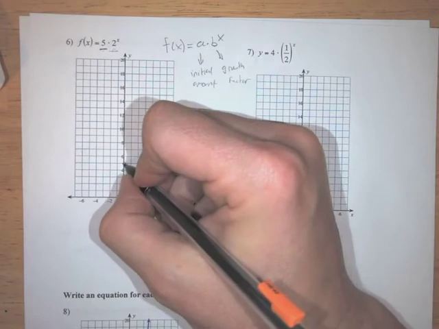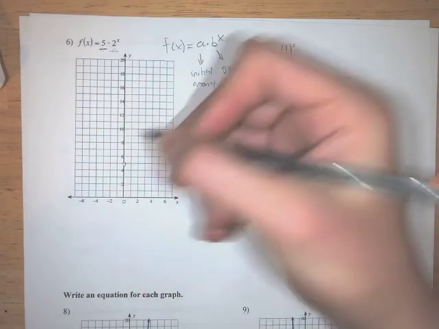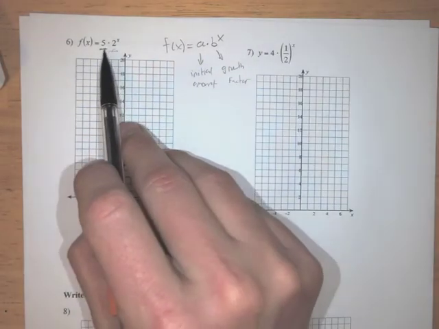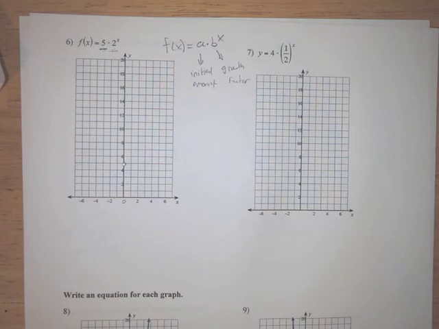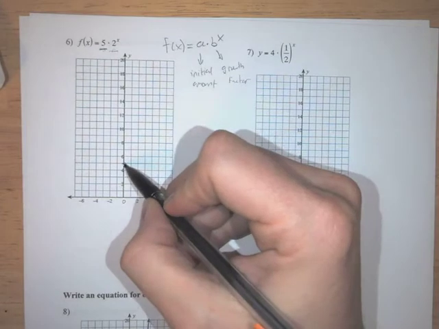Well, there's 5 of them, right? So we have the point (0, 5): for 0 time, 5 cells. So the initial amount is the amount at time 0, or the amount that you have when no time has gone by, whether we're talking about an investment or bacteria growth or population or whatever it happens to be. So there's your initial amount.